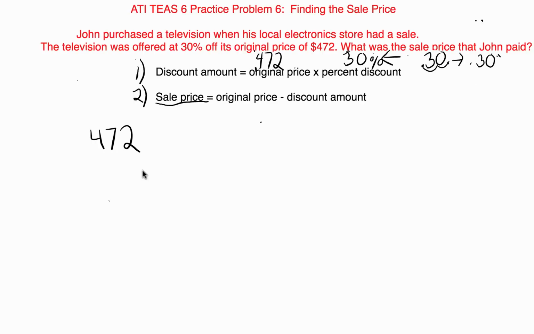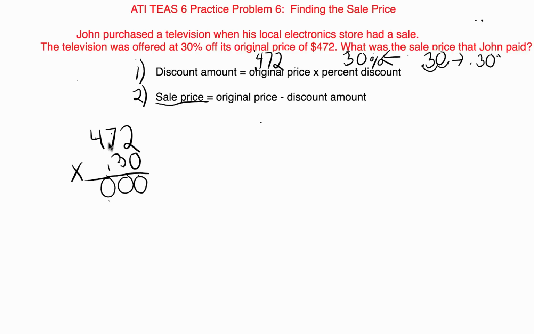Now that we've converted our percent to a decimal, we're going to multiply 472 times 0.30. At this point, guys, I'm going to assume that you're comfortable with multi-digit multiplication, so I'm going to go through this kind of quick. 2 times 0 is 0. 7 times 0 is 0. 4 times 0 is 0.